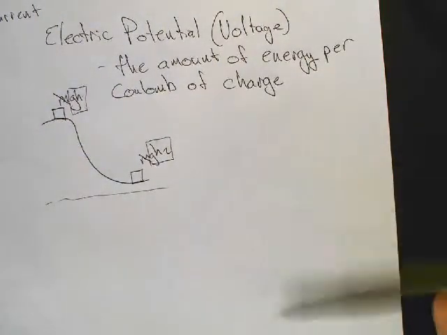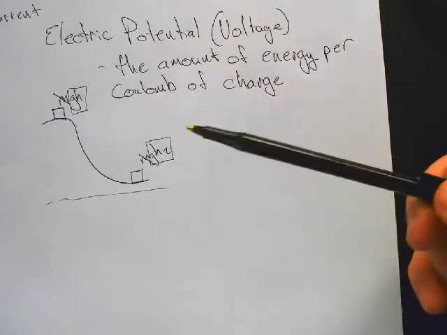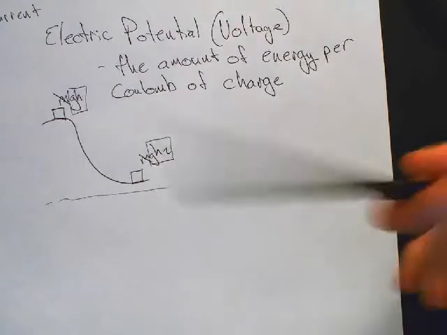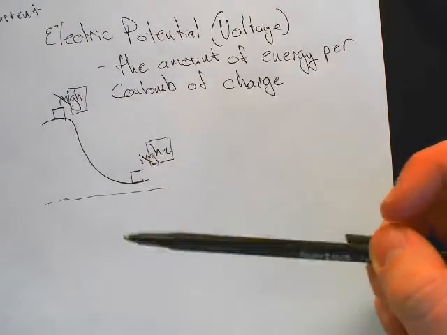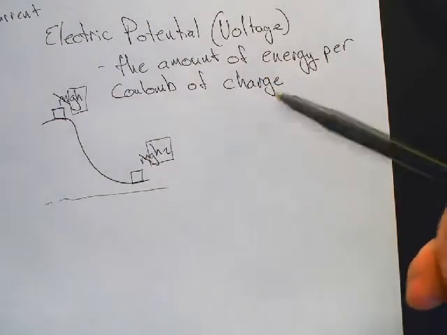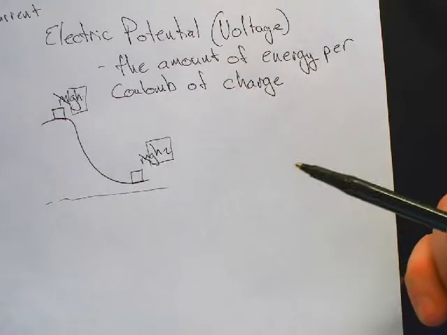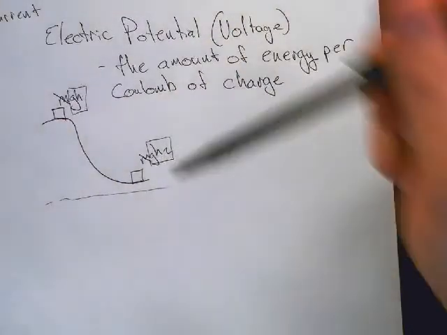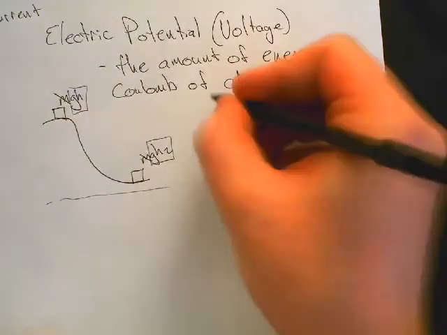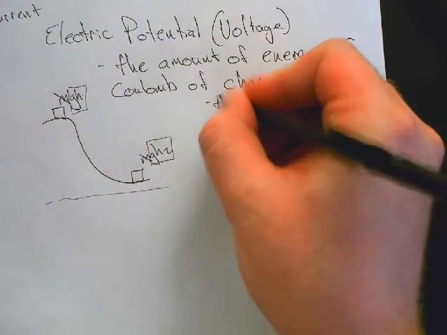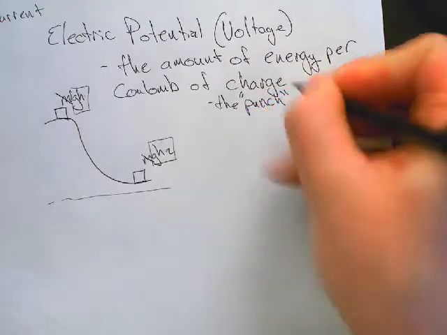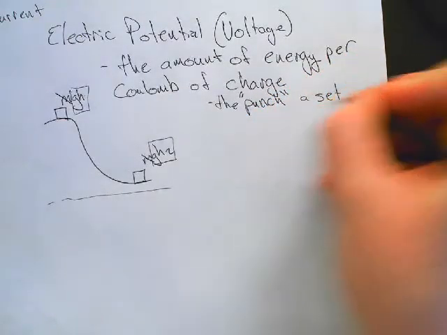It's determined based on the electric field that's created and the distance between those two points in that electric field. We could also consider it to be the amount of punch that a set of charges is carrying, but really it's the amount of energy that each individual charge is carrying with it.